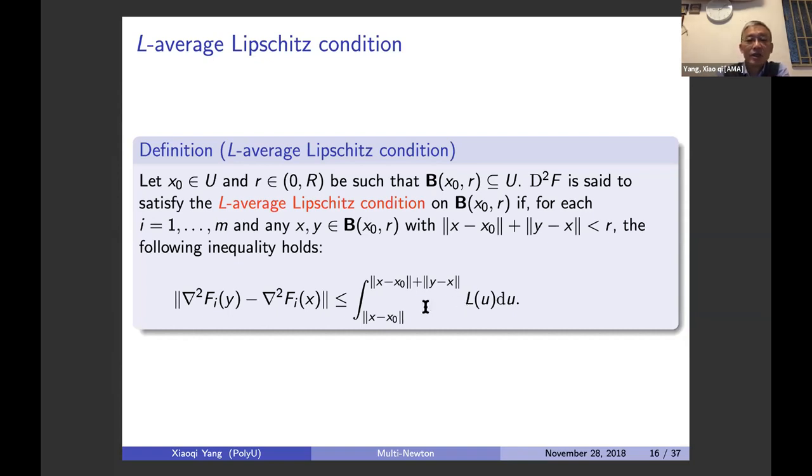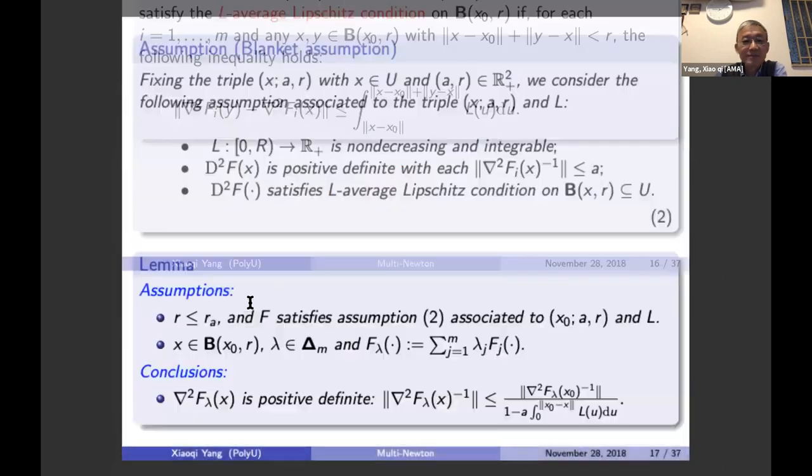It is weaker than the Lipschitz condition, and that is the contribution here: we apply a weaker condition to prove the quadratic convergence.